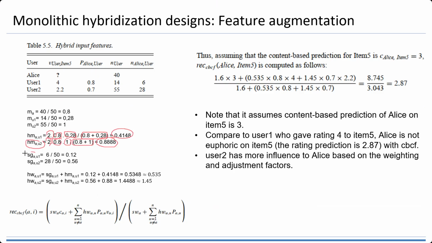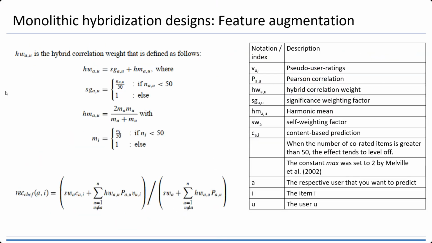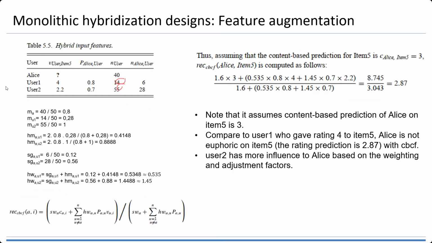The same as the previous one, we can calculate the SG. SG means the number of correlated items divided by 50. The number of correlated items, which is 6, divided by 50. So we get this number. And last, we will calculate the HW.